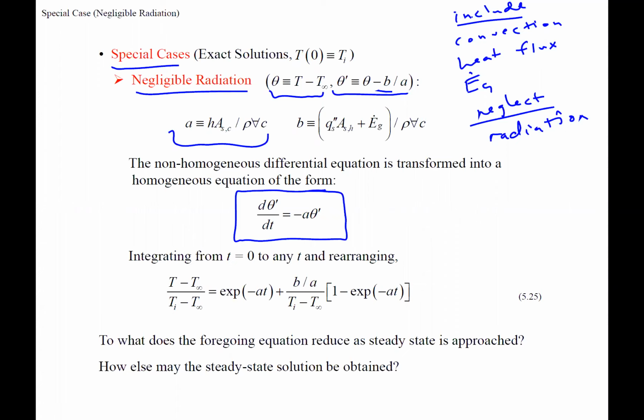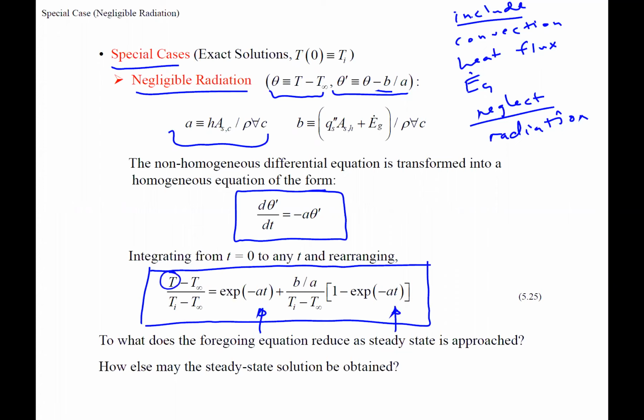We integrate it, then back substitute all our parameters, especially theta prime and theta, and we get our equation that has time and temperature. It relates them, so if we know time, we can solve for the temperature, and if we know temperature, we can solve for the time. We have to plug in A and B, the parameters that you see here.